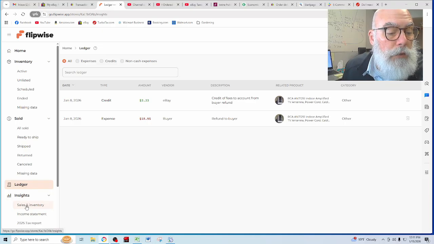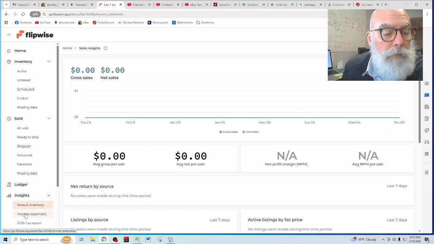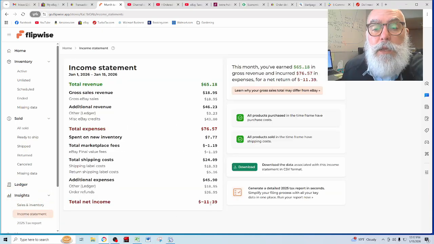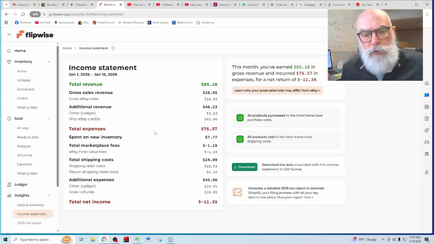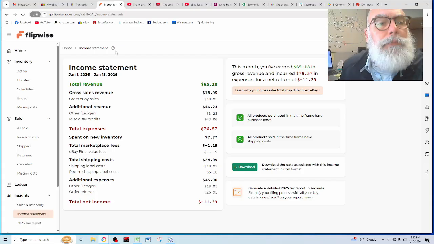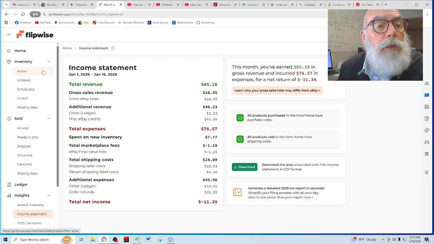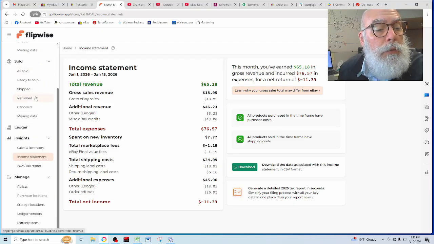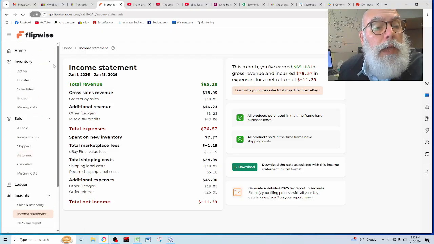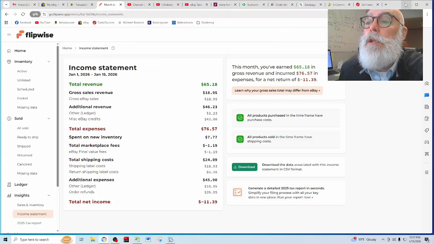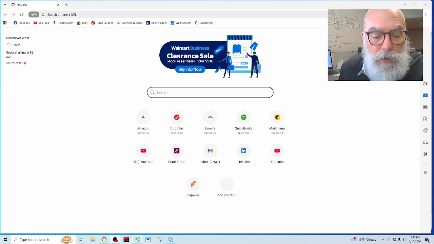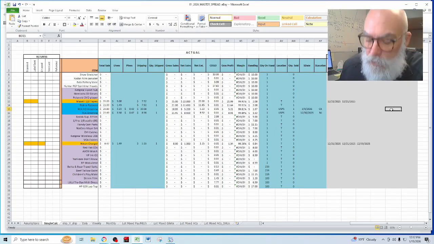So let's go to our sales and inventory. Our income statement should have changed, because I was to the good by like $2 and some cents before I made that journal entry. So I'm still feeling my way around Flipwise, but what I want to do now is go in here and change that.